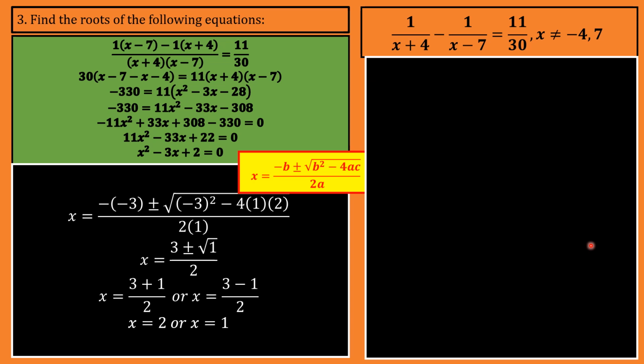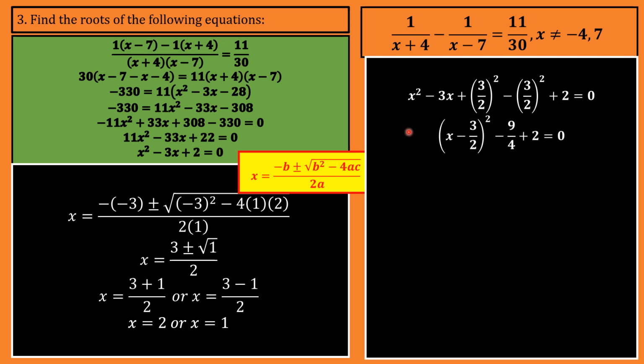Now similarly, we'll practice the completing the square trick on this also. First two terms as it is, half the coefficient of x, square it, add it and subtract it, plus the remaining third term, that is the constant term of the equation. The first three terms give us the identity, in this case a minus b whole square. a is x, b is 3 upon 2, minus the remaining part. We simplify it and get 1 upon 4.